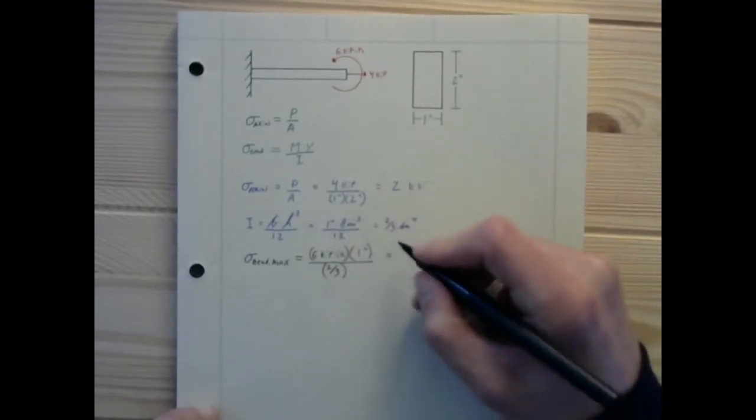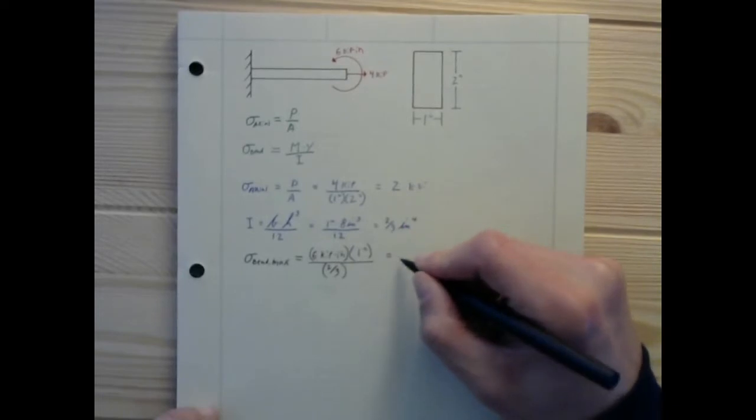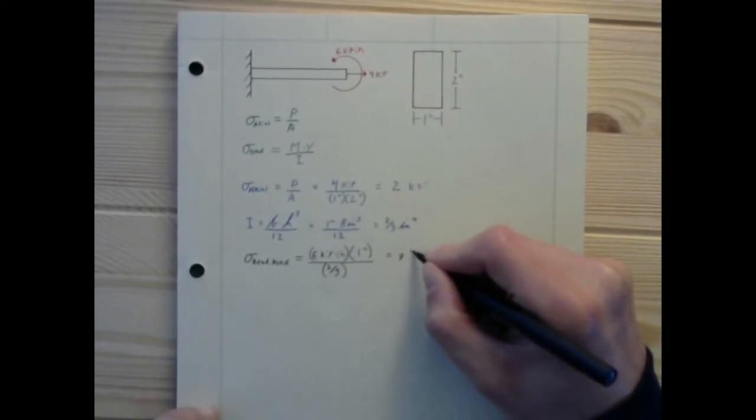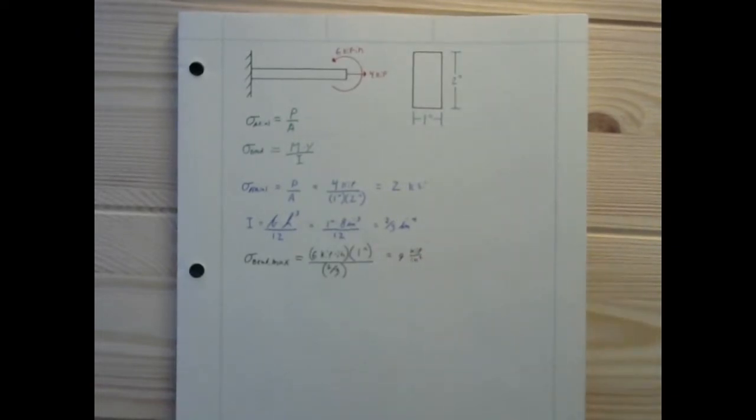So that's going to be, what is that, 9? Yeah. 9 kips per inch squared, which I've decided to write as kips per inch squared instead of KSI. Very cool. That's the same thing. So that's our maximum bending stress due to that, and this is our normal stress.